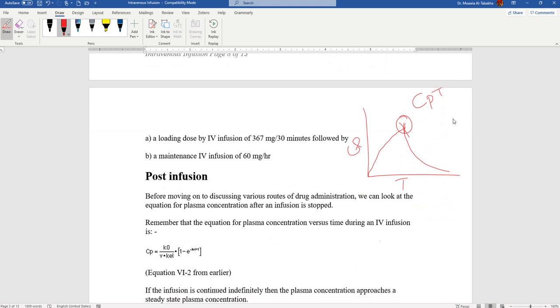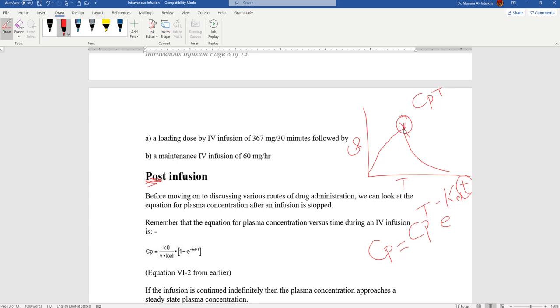That means the concentration at any time post infusion, after stopping the infusion, is equal to, this is the CP, equal to CPT capital times e to the power of minus KL times T. But remember that this T is not the normal time from here.